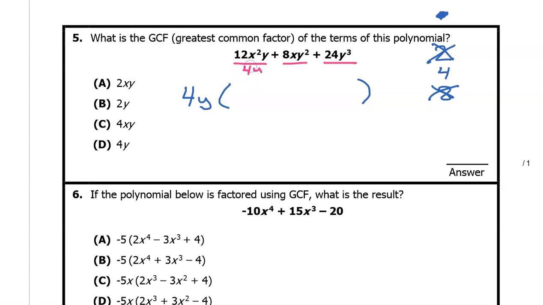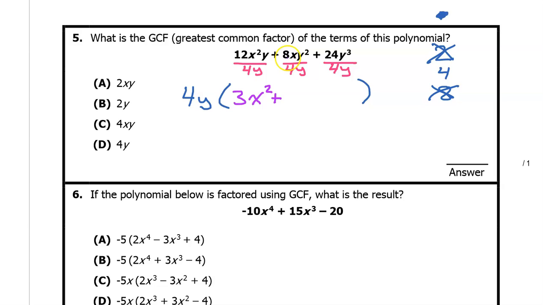So I'm going to divide everything by 4y. Okay, so 12 divided by 4 is 3. The x squared is unaffected by y, so that's going to just stay x squared. But then y divided by y, those are going to cancel each other out, so there'll be no y's here.